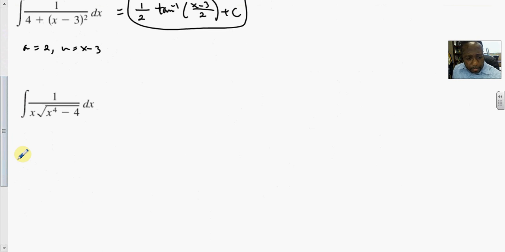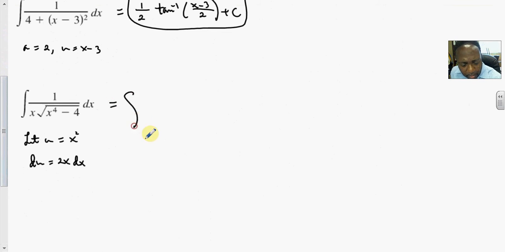Well, what about this one? Well, here, let u equal to x squared. And so du is 2x dx. Well, if this is the case, then what we have here is the integral.